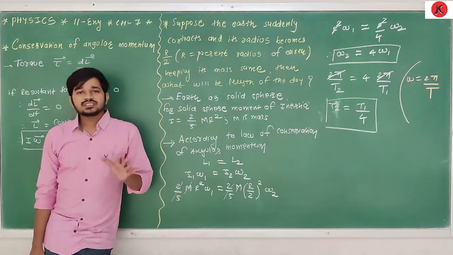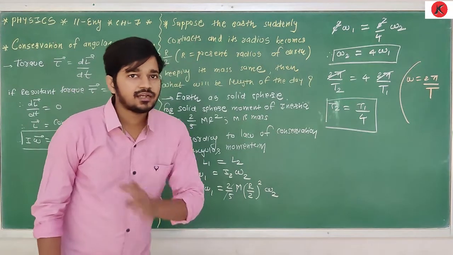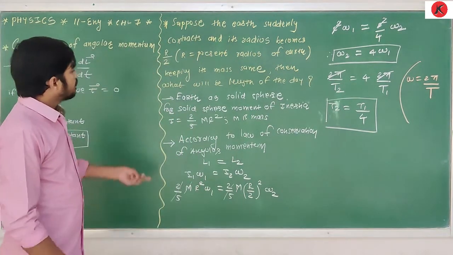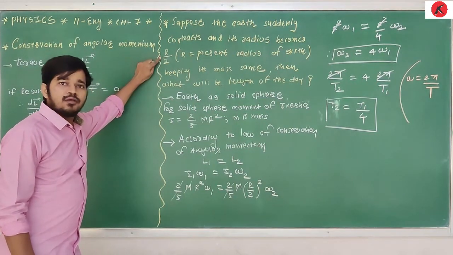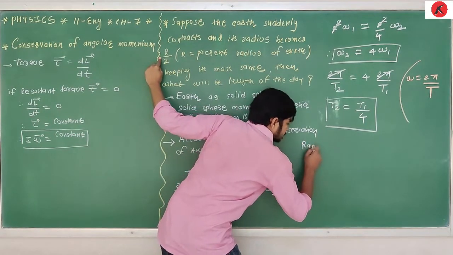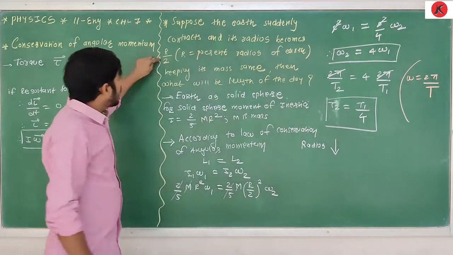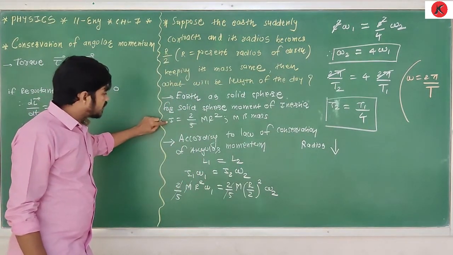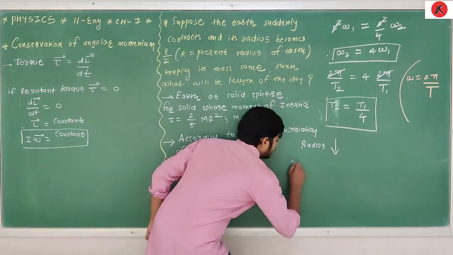Okay, so what is the meaning of this? See, understand carefully. Radius of the earth becomes r/2, which means the radius decreases. Then, as the radius decreases, according to the equation I is equal to 2/5 mr², the moment of inertia decreases.